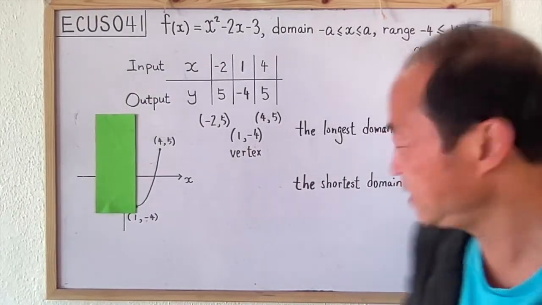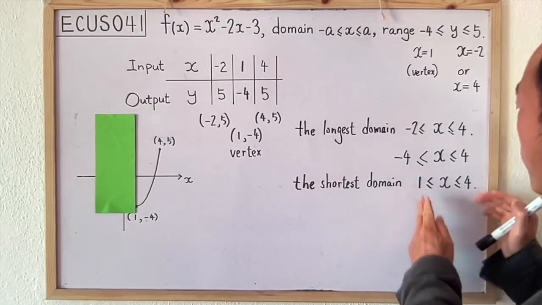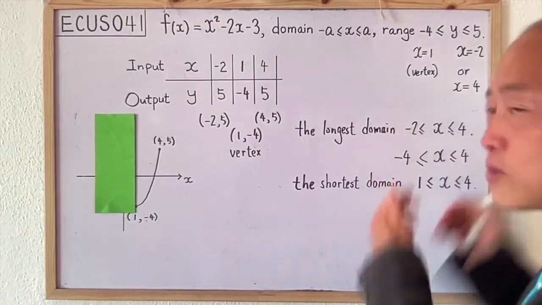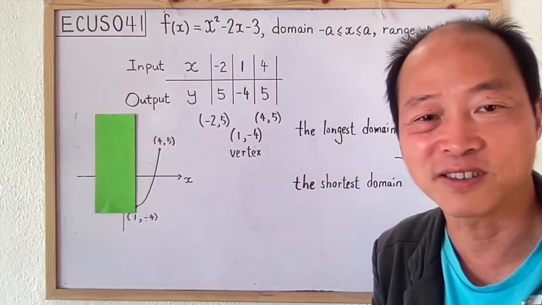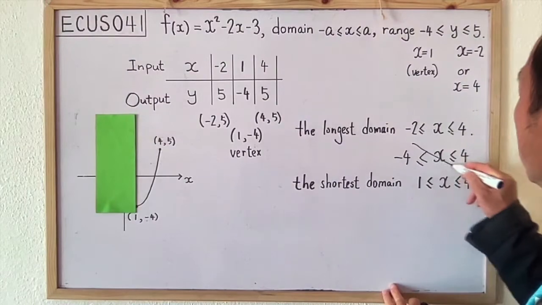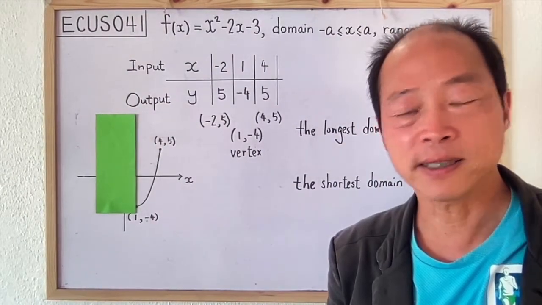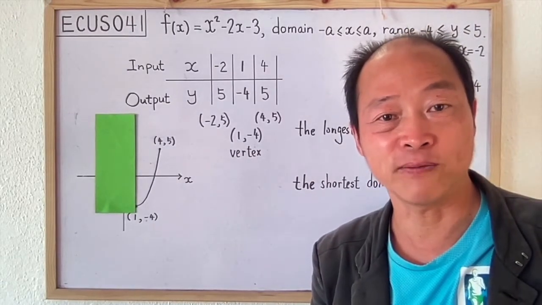Notice that this domain is longer than this one. However, it is not shorter than this one. Actually, we cannot work it out. We know that from this perspective, we cannot work out any values of A.